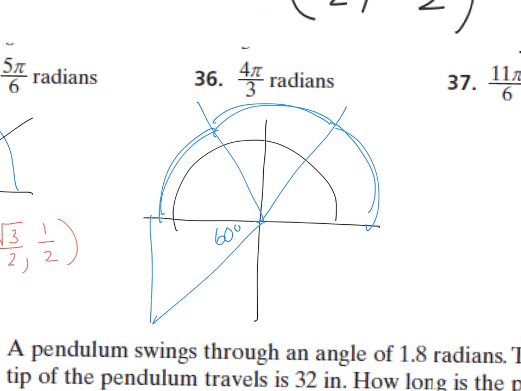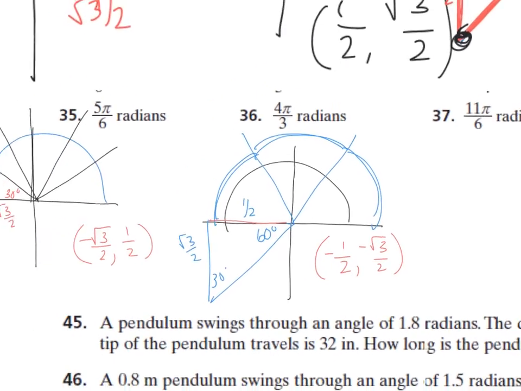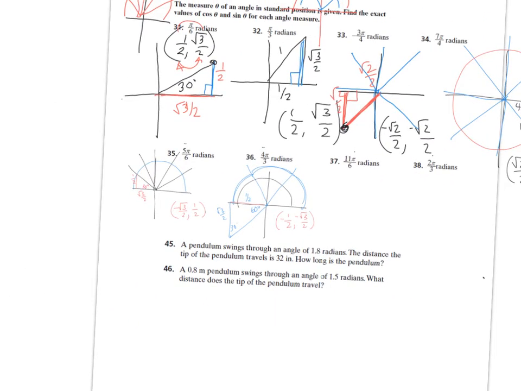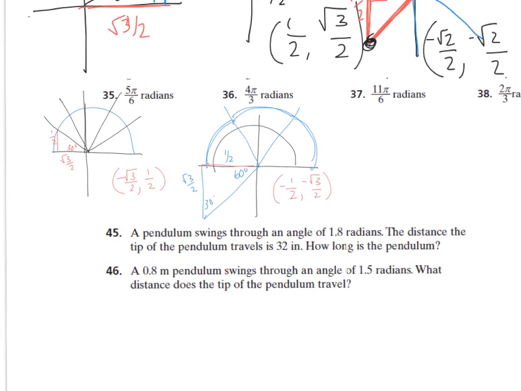So this right here, if this is a 60, this has to be, I didn't draw this very well, but this is your 30, this is 1/2, this is root 3 over 2. So you're going to go left half, so it's negative 1/2, the x is negative, and you're going to go down root 3 over 2. So again, with these, you can do the last two, but you need to either convert these to degrees or think about how the pi's are broken up.